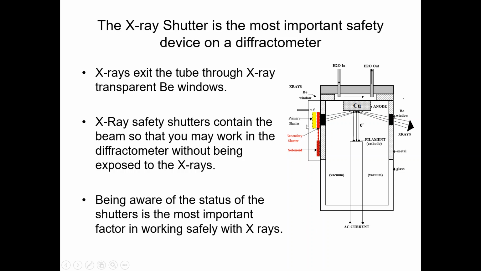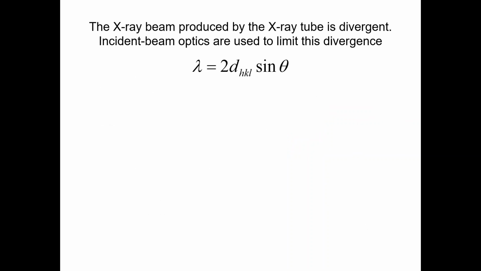You should frequently check the condition of the shutter while you are working with the X-ray diffractometer, because if it is not in proper working condition, it may create health problems for the people who are operating the apparatus. So the condition of the X-ray shutters is very important.